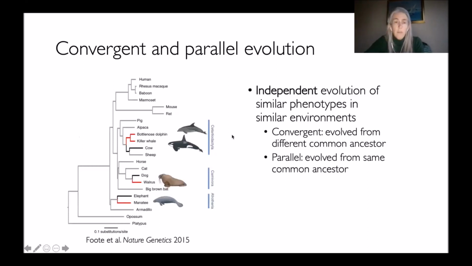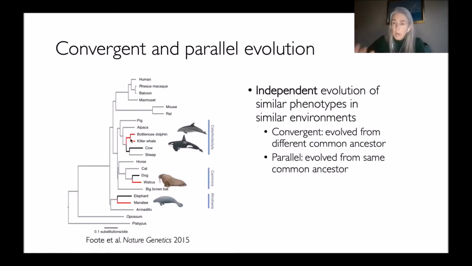For example, manatees' closest relative is an elephant, and so they have convergently evolved a marine lifestyle from dolphins and killer whales, which have a very divergent common ancestor. But dolphins and killer whales would be an example of parallel evolution because they've evolved from the same common ancestor. So it's just a terminology difference.